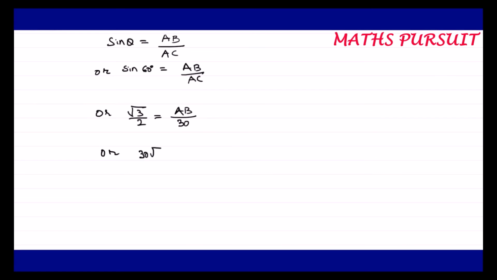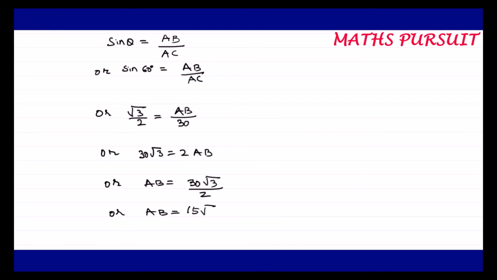30 root 3 is equal to 2 AB, just doing a cross multiplication. Or AB is equal to 30 root 3 upon 2, or AB is equal to 15 root 3, since 2 15s are 30.